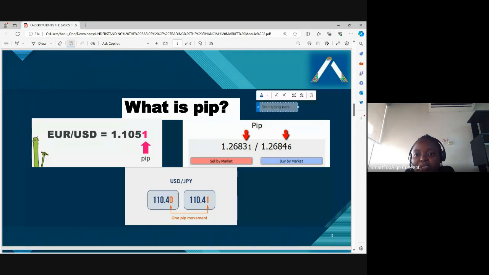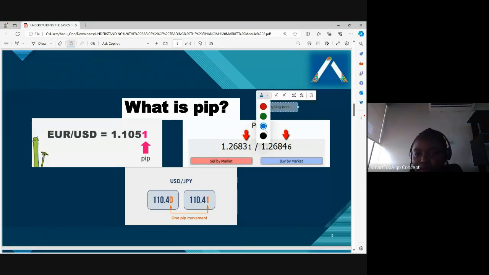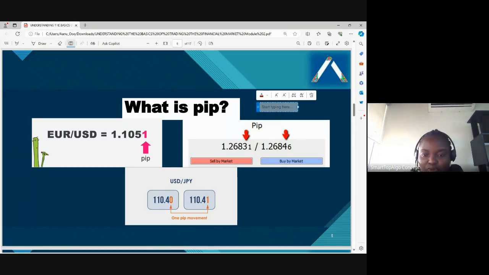So let's say, for instance, you entered this currency when price was, let's assume I entered when price was 1.1051. And the current price is now, let's say, 1.1064.